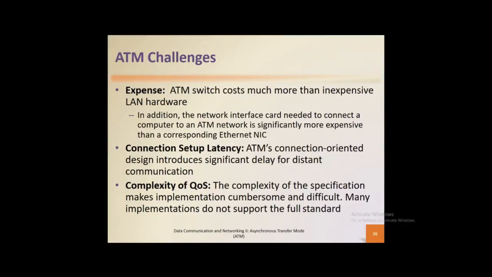So it all factored into the challenges that ATM had to deal with, which prevented it from becoming a mainstream technology for addressing today's service needs. Today we have much more robust, easier, and simpler technologies that are able to address a lot more capacity needs than ATM even did.